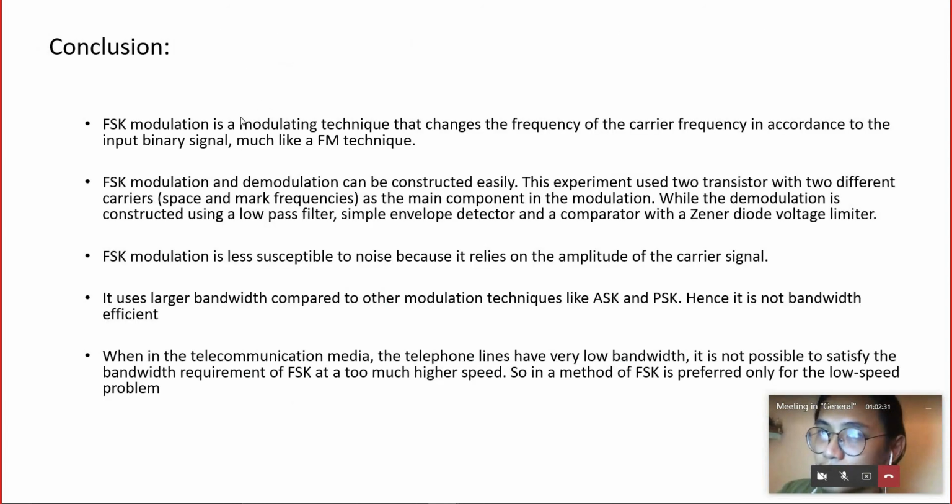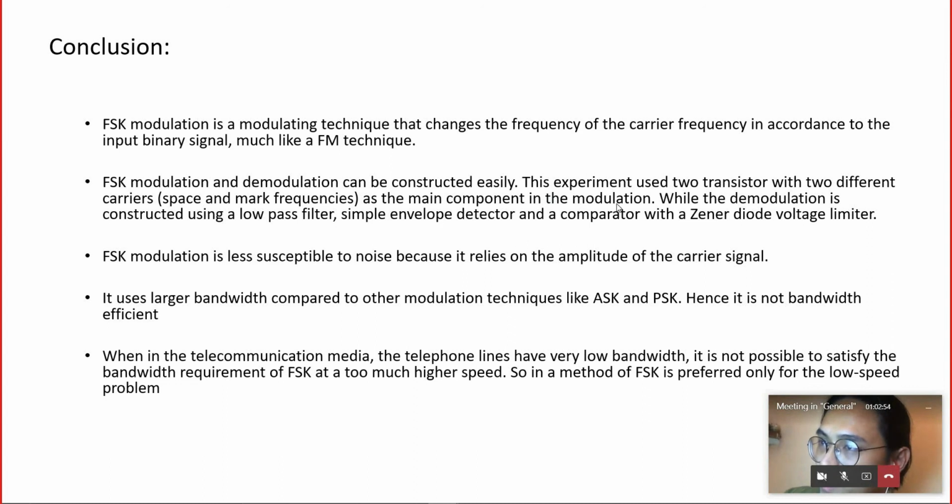So the conclusion of our experiment is that FSK modulation is a modulating technique that changes the frequency of the carrier frequency in accordance to the input binary signal, much like an FM technique. Then FSK modulation and demodulation can be constructed easily.